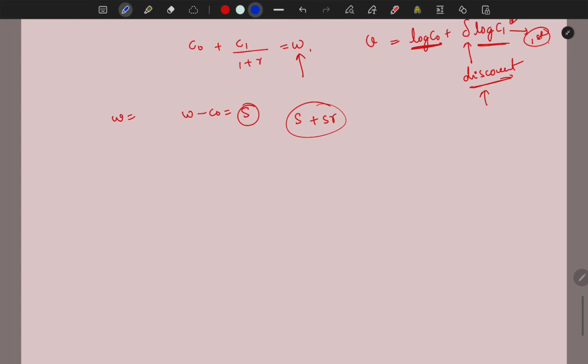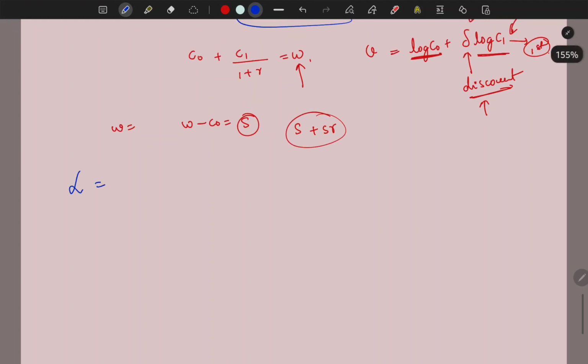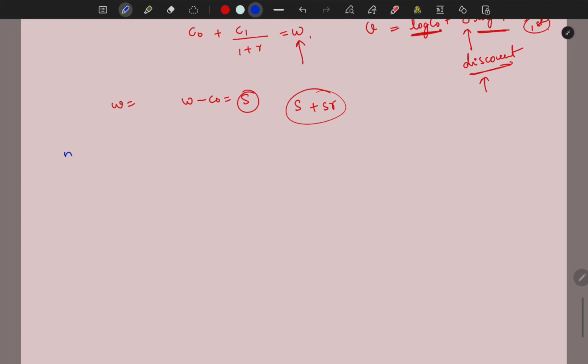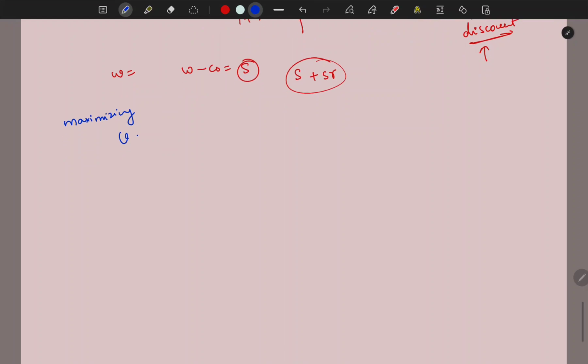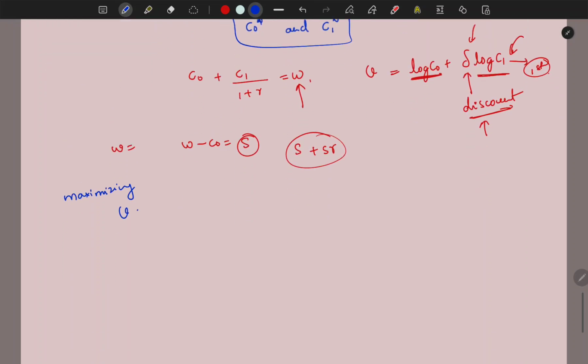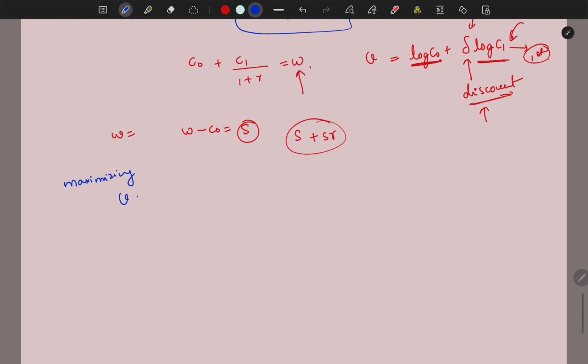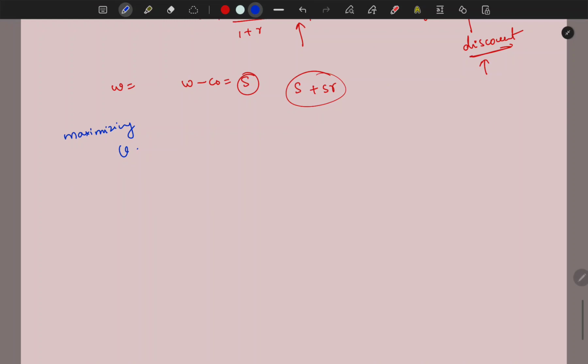So we'll start with the question and form the Lagrange. Our goal is maximizing utility, which means we are optimizing C0 and C1, maximizing utility subject to the budget constraint.